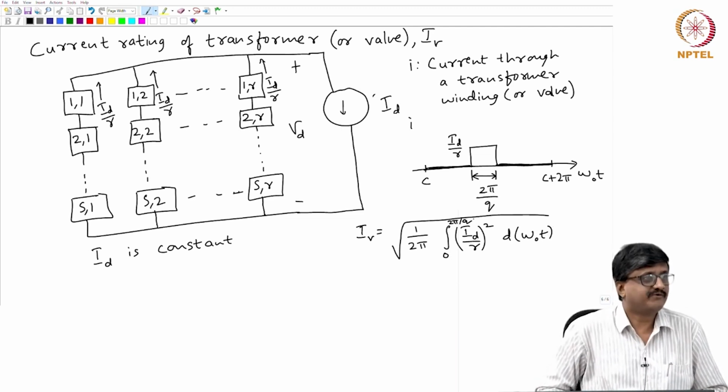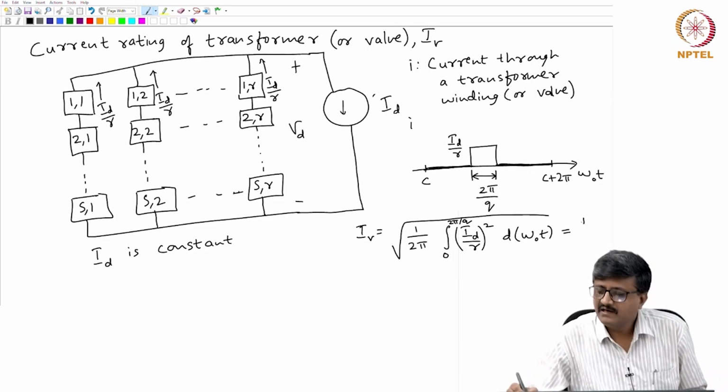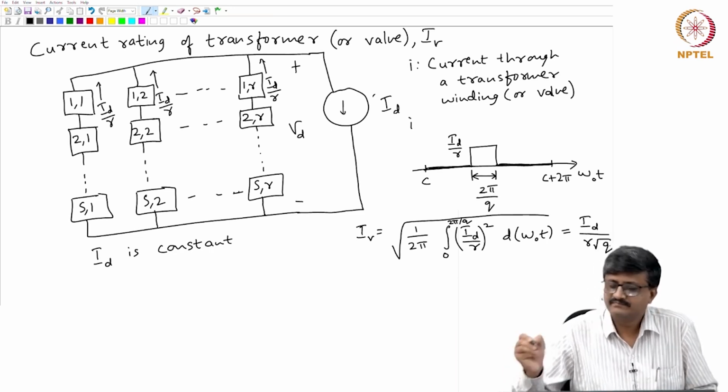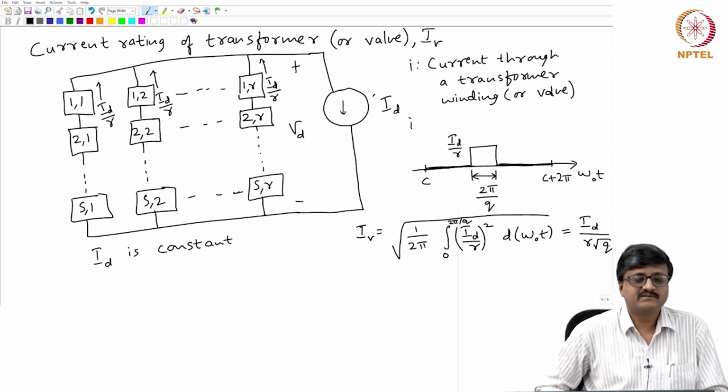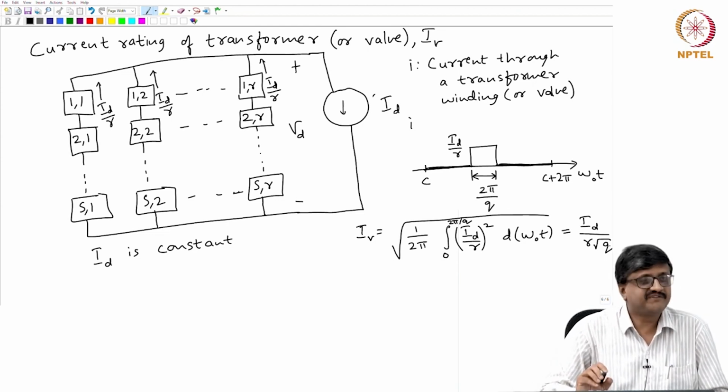That is all I have to do to get the RMS. So this gives the RMS value as Id by R root q. So this is the current rating of the transformer or valve.